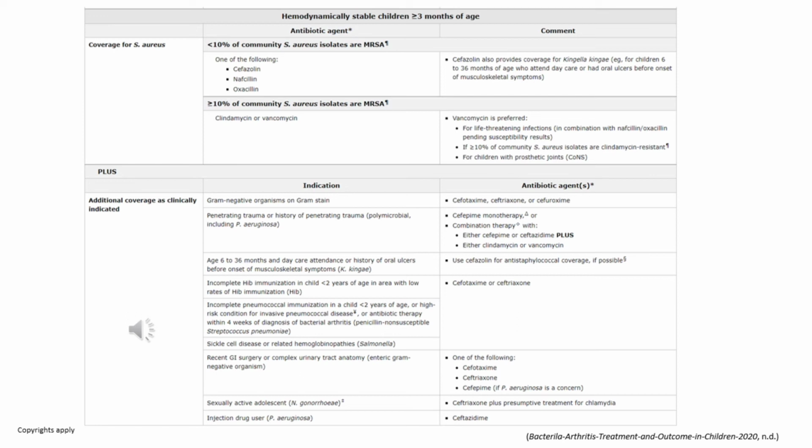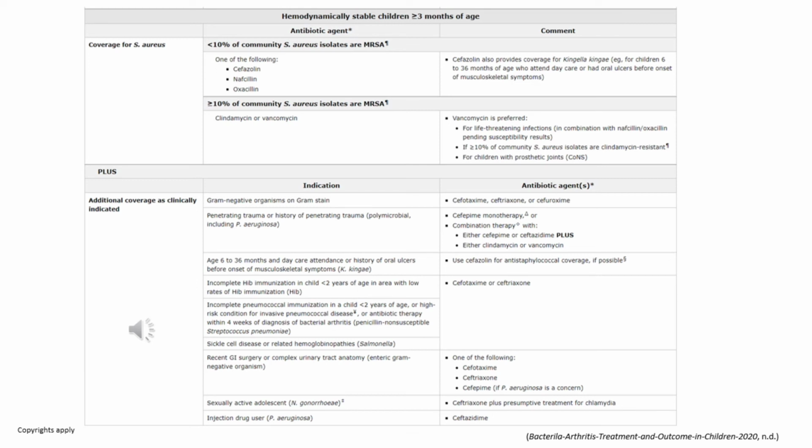For hemodynamically stable children, we suggest either clindamycin or vancomycin if more than 10% of community S. aureus isolates are methicillin resistant. Other experts may use a different threshold for methicillin resistance or more.